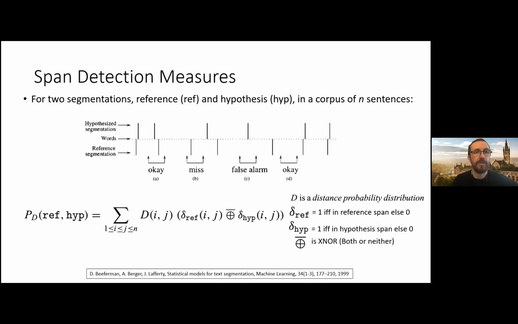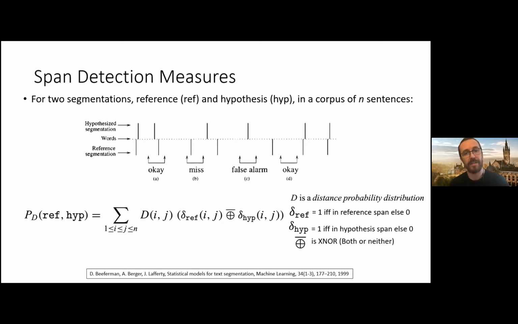Basically, for the two spans of text, reference and hypothesis, we have a distance distribution probability, excuse me. And we've got these two functions, one for the reference and one for the hypothesis, where they equal 1 if the reference or hypothesis span matches, else it's 0.